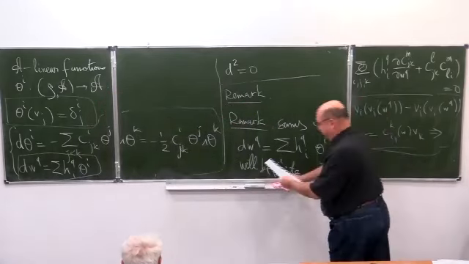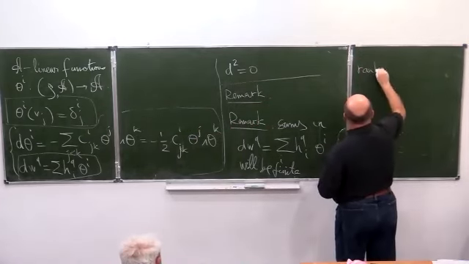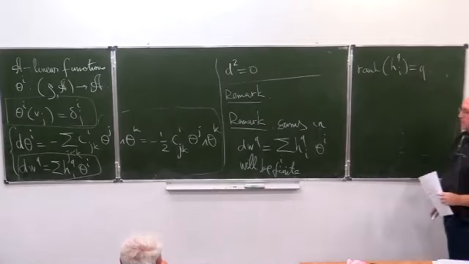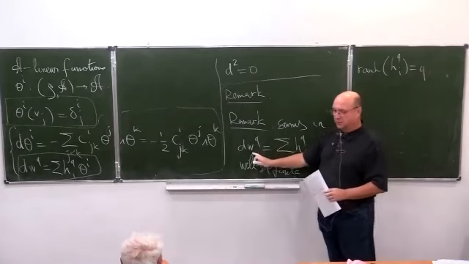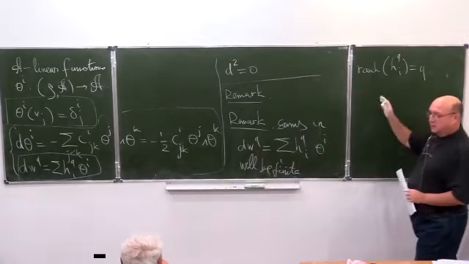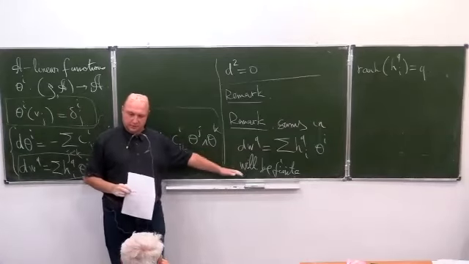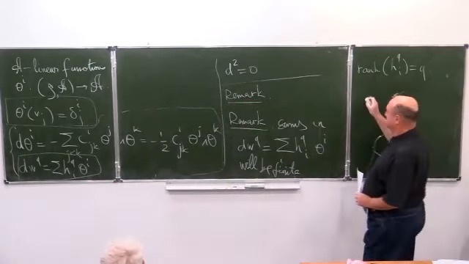Therefore, in this situation, when all the sums are finite, we can, without any loss of generality, consider that the rank of this matrix is equal to q, the number of variables W. Otherwise, if the rank is less, we say that some W's are functions of others. How can it be?